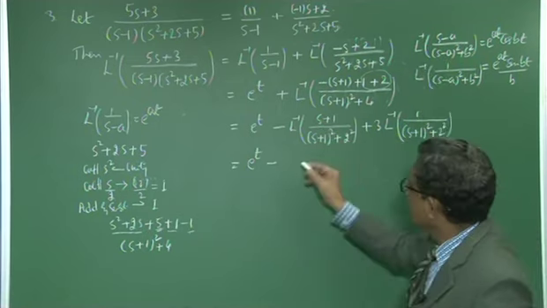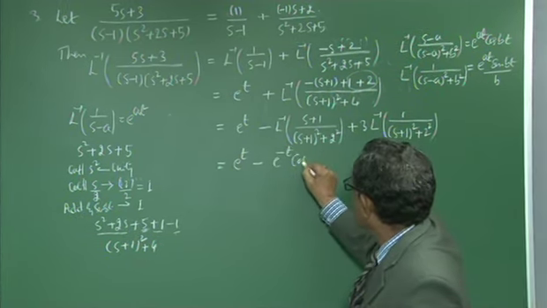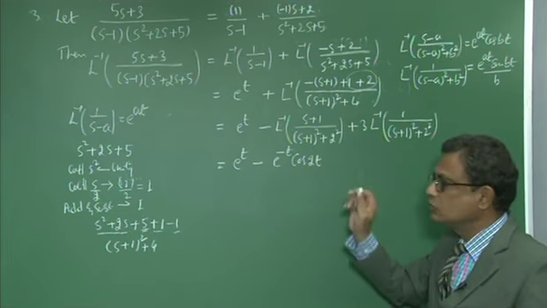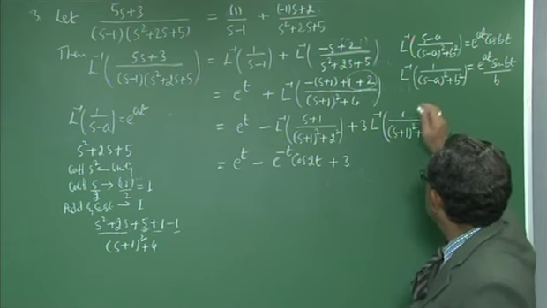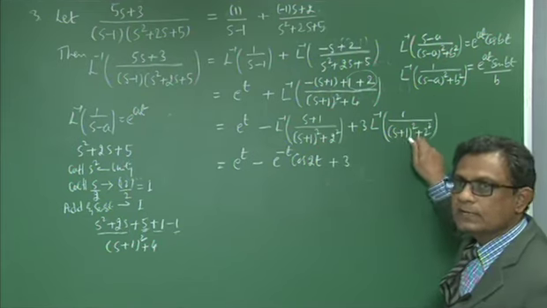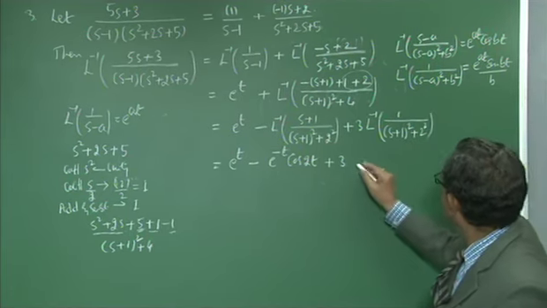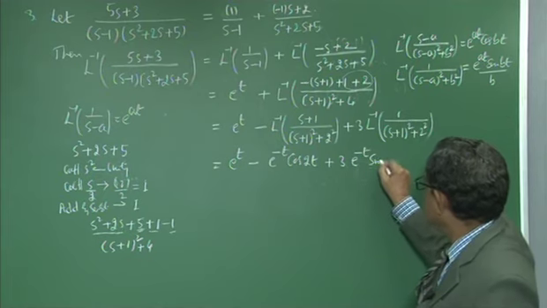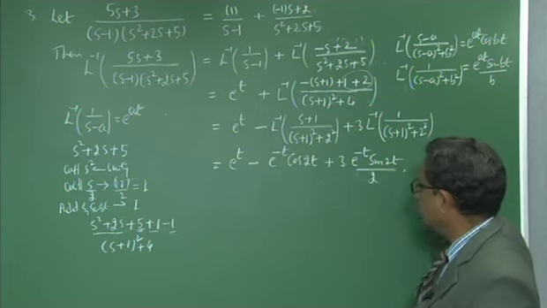Therefore, by using this formula, for s minus a divided by s minus a whole square plus b square, the first formula gives e raised to minus t cos 2t, where a is minus 1 and b is 2. Second one, 1 divided by s minus a whole square plus b square, the second formula gives e raised to minus t sin 2t divided by 2.